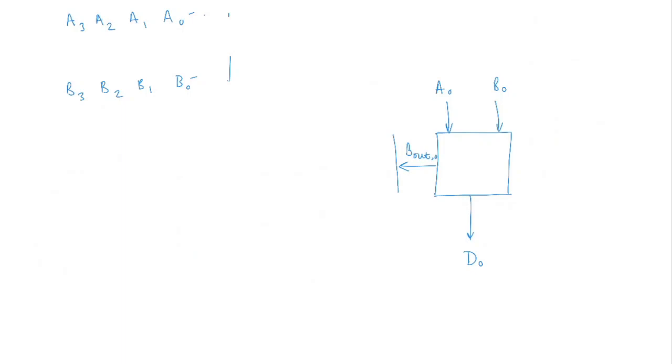Okay, so this is a half subtractor, and then we will have another full subtractor. Here you have a subtractor which is taking A1 and B1, giving a difference D1, but A1 and B1 are subtracted depending on what this borrow is, isn't it? If this number required a borrow, that subtraction is going to be different. So it's got 3 inputs, so this is a full subtractor, and it's got another output which is B out 1.